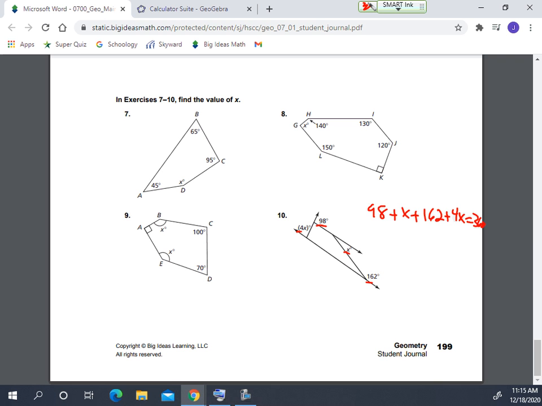And if you did the math, 98 plus 162 is 260. So 260 plus 5x is equal to 360. Okay, we get 5x is equal to 100 and x is equal to 20. Which is all we're asked to find, just the value of x. So that's 7.1.